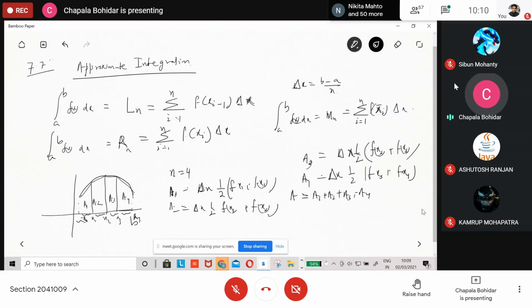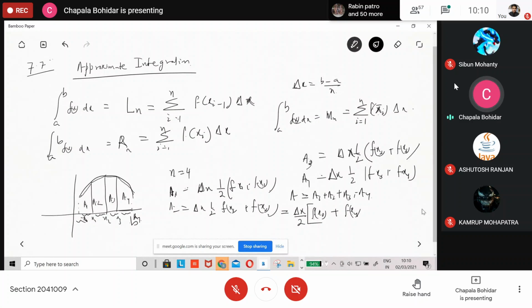So I can take common half del x outside, that is del x by 2, multiplied by f(x0), the starting one, plus f(x4), the ending one, first.